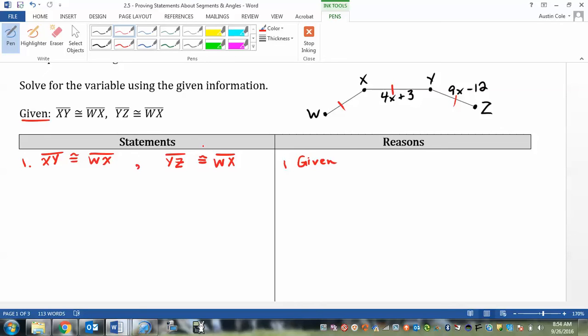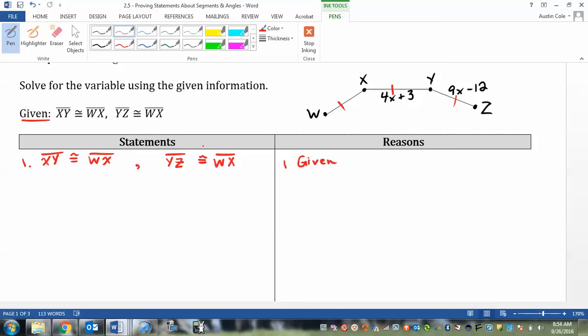All right, what do you guys think we should do? Say it again. Before we get to the equations, let's think up here again. XY is here, right? And that is congruent to WX, which is this one, right?